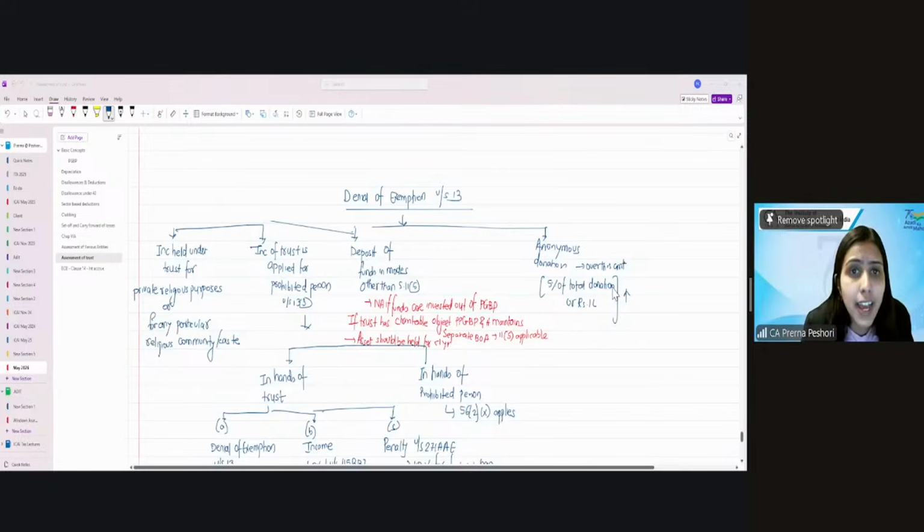Or the trust has the object of general public utility advancement and its trading receipts exceed 20%. Then in that particular case, it will result in denial of the exemption.